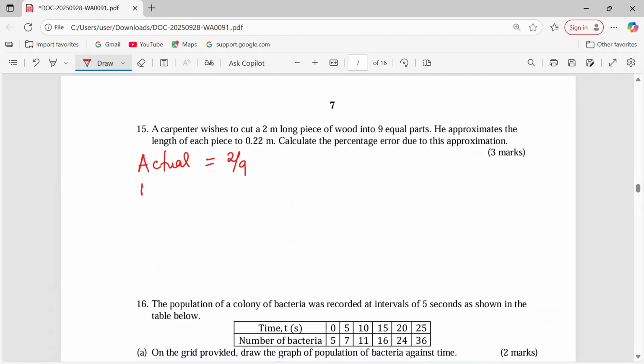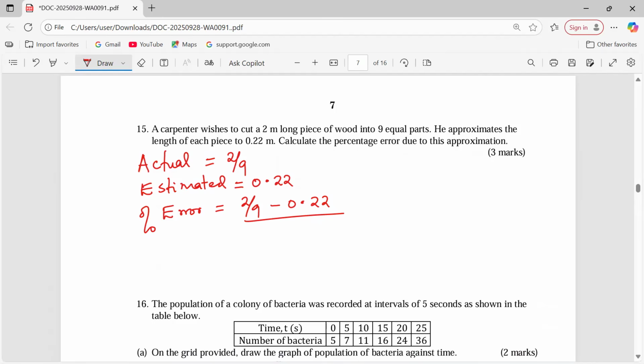But now, there is an approximate value here, 0.22 meters. Then we can get the percentage error, whereby we need the error. Yeah, we need the error, 2 over 9 minus the estimate. You know, the meaning of error is the difference between actual value and estimated value.